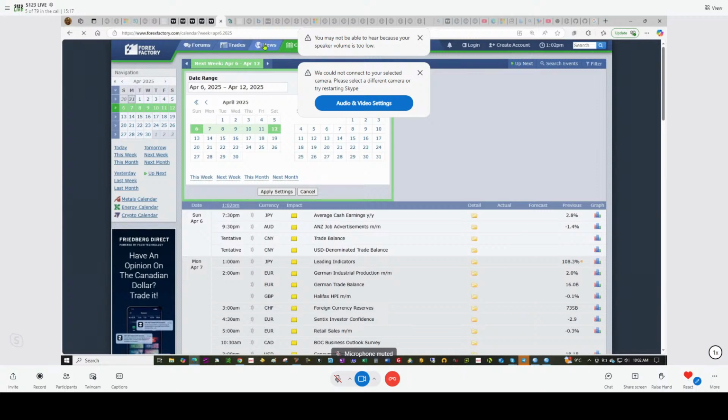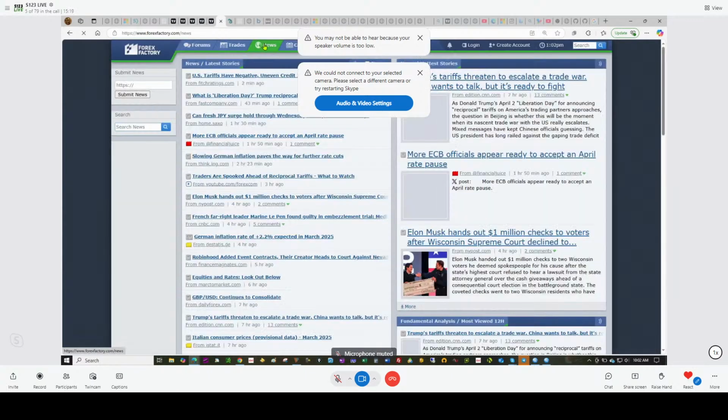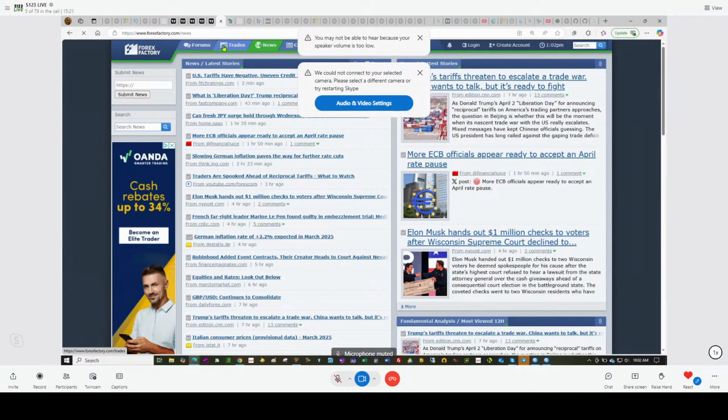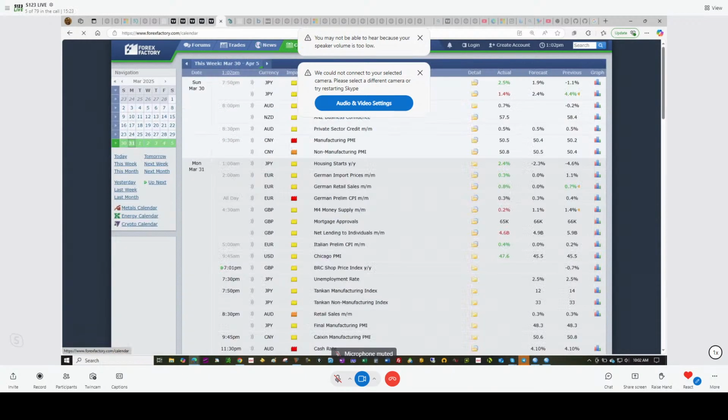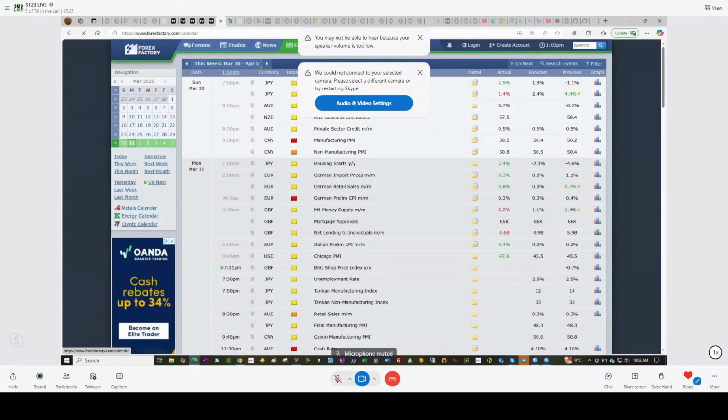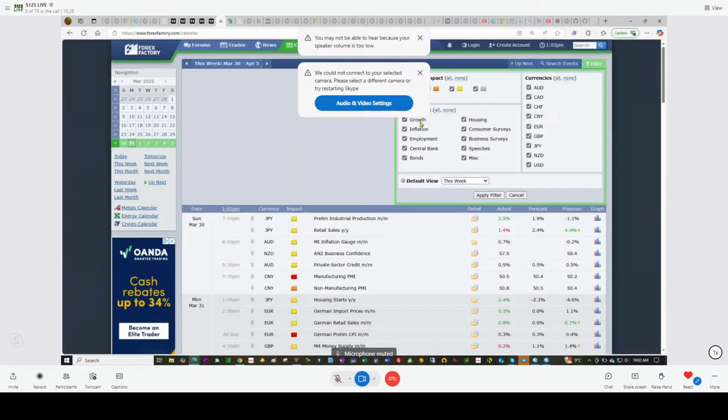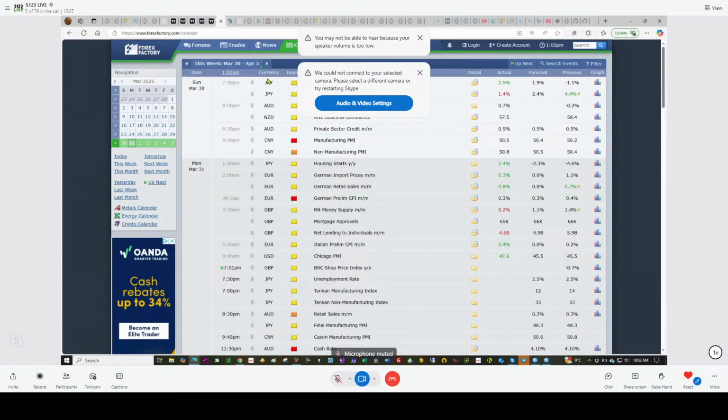Let's see. Okay, bear with me again. That's news calendar. Filter by... not this week, but today. That's what I want. Okay, apply filter. Okay, here we go. And it still didn't change it.